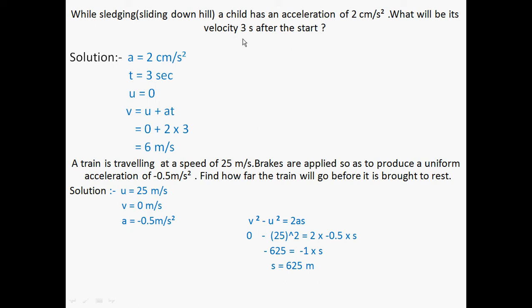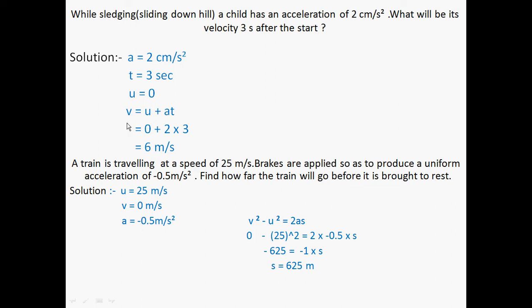Okay, so now the child is sliding down a hill. Now this initial velocity will be 0, its acceleration is 2 centimeter per second square, and the time is 3 seconds. They are asking what will be his velocity 3 seconds after the start. So he moved for 3 seconds, so its velocity must have changed because there is an acceleration of 2 centimeter per second square.